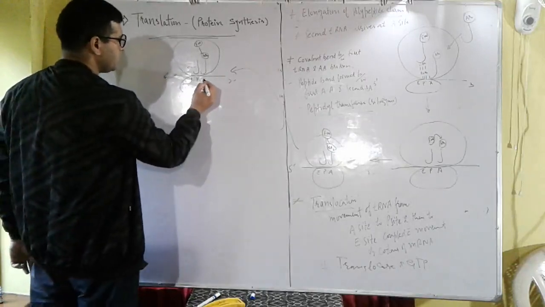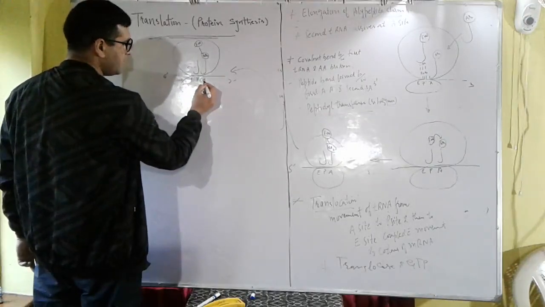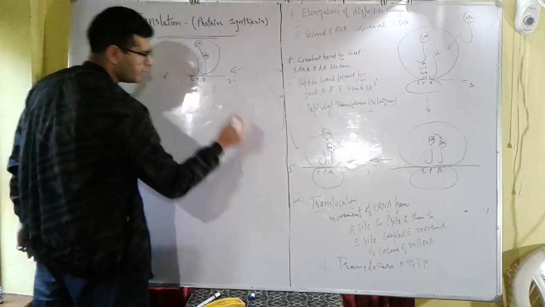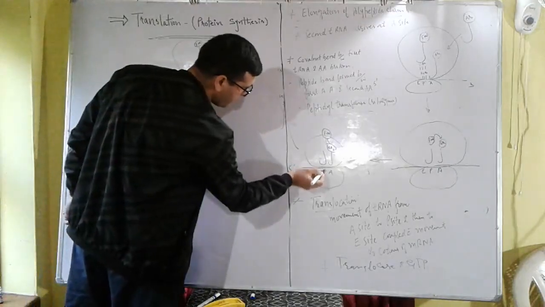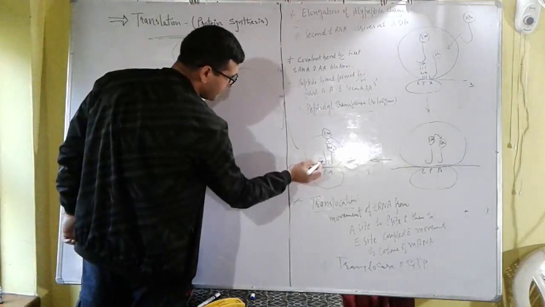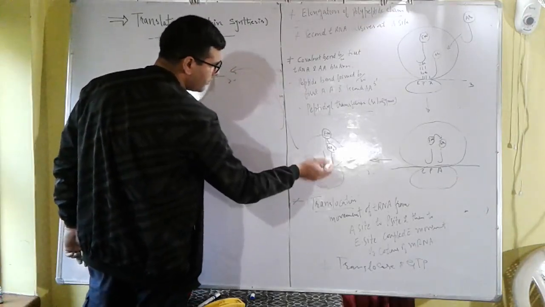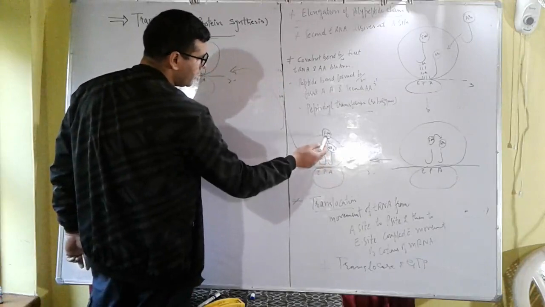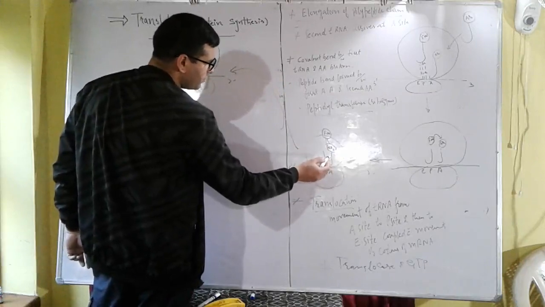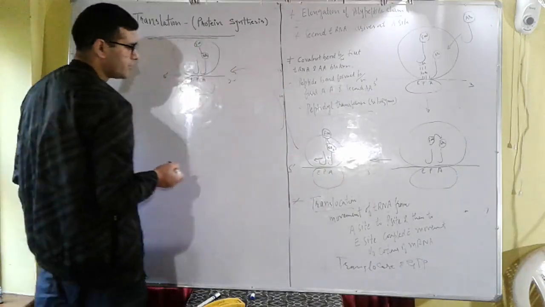and so this tRNA which is present at the P site is shifted to E site, and the tRNA which is having dipeptide at the A site is shifted to P site. So this is known as translocation.